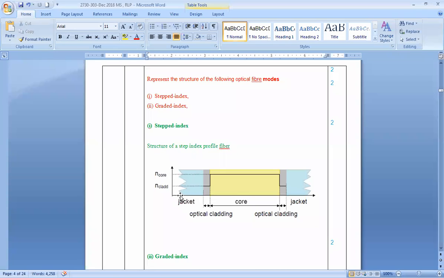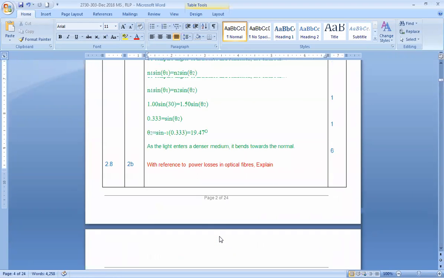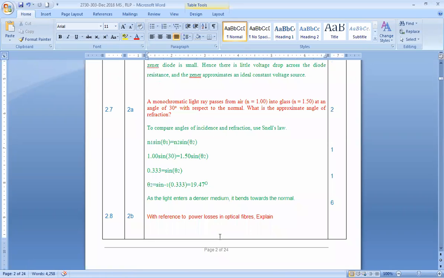So this is the cross section of an optical fiber. Fine. So there can be a problem based on reflection, refraction, so I've just put it up.